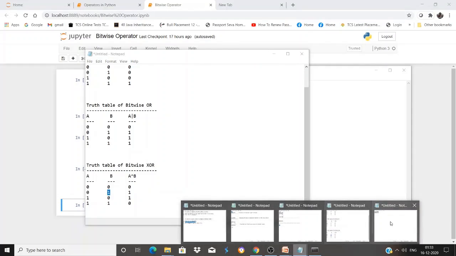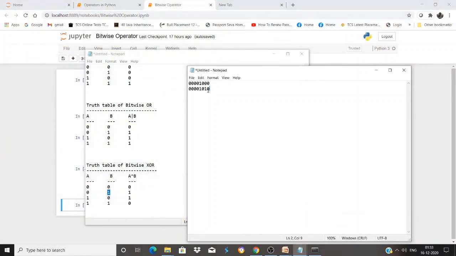So if we apply the XOR operator on these two inputs, for the rightmost bit, we have the same bits, so the output will be 0. For the second bit, we have different bits, so the output bit will be 1. Again, we have the same bits, that is 0 0, so the output will again be 0.